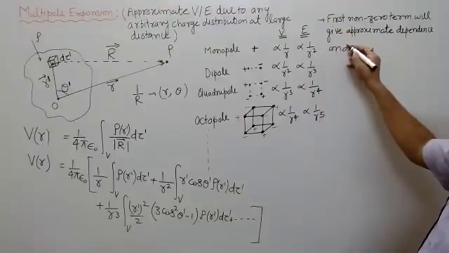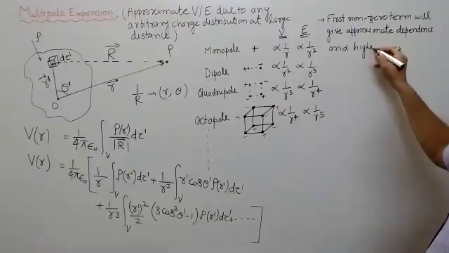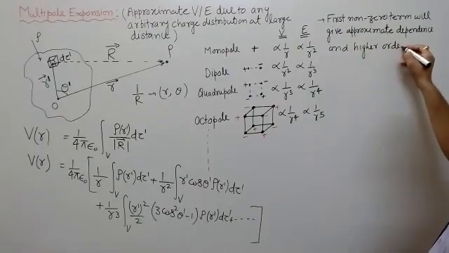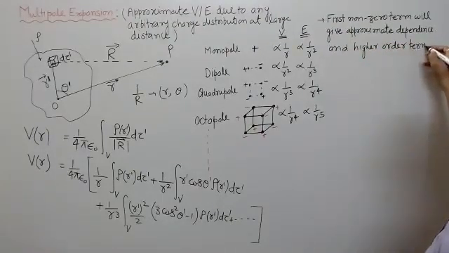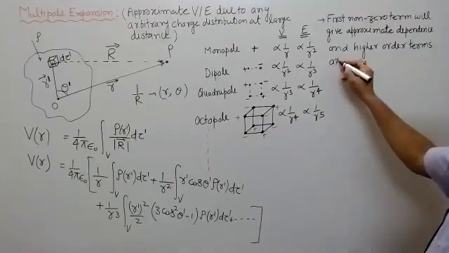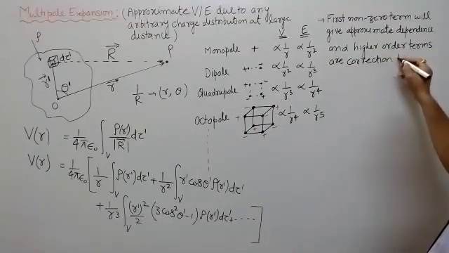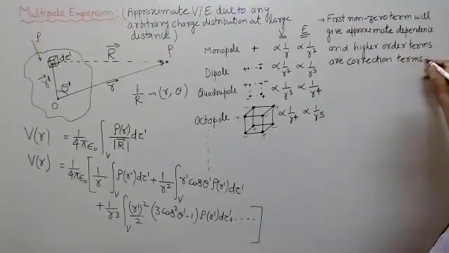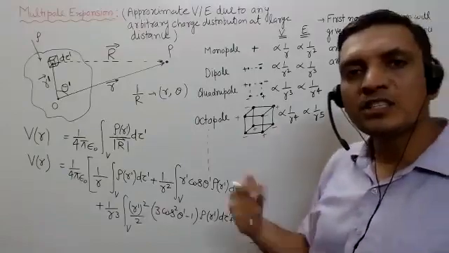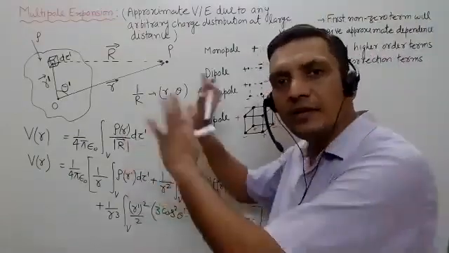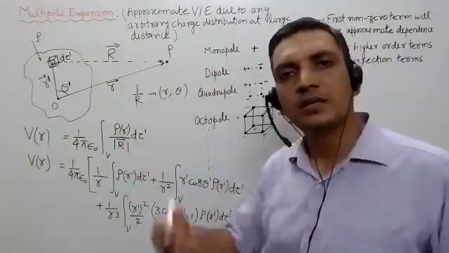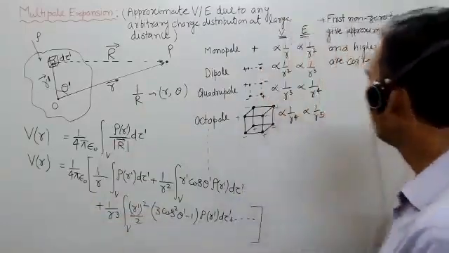And higher order terms are correction terms. So you can easily write the approximate dependence and then you know you have correction terms also. You have first correction term, second correction term and so on.